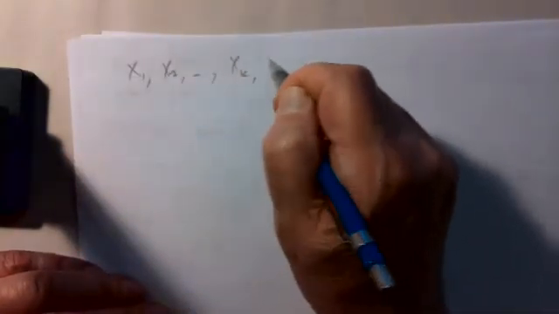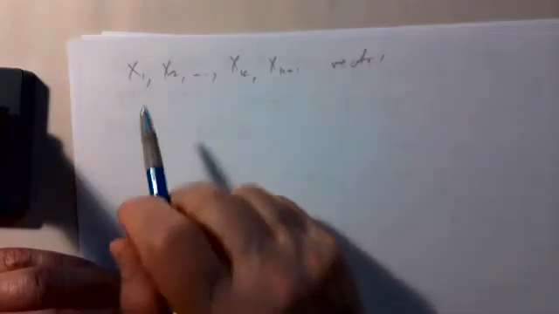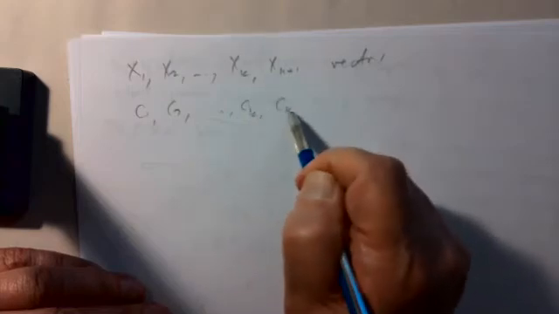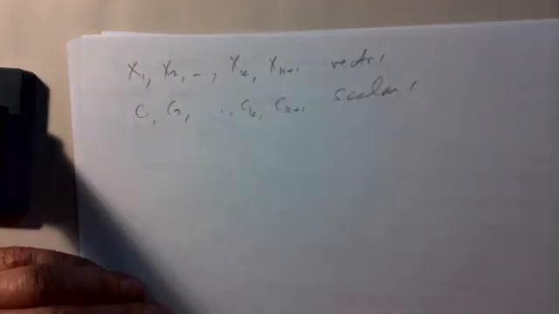So how do we do that? Suppose we have K plus 1 vectors, and we have K plus 1 scalars.